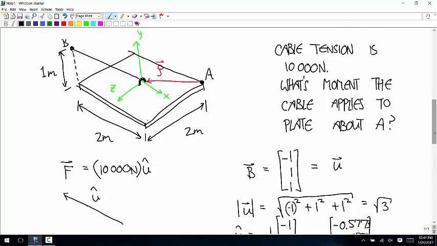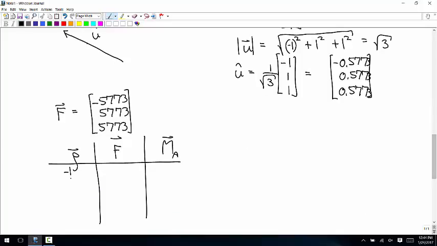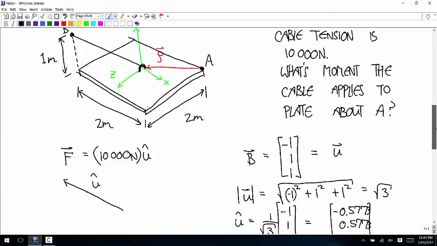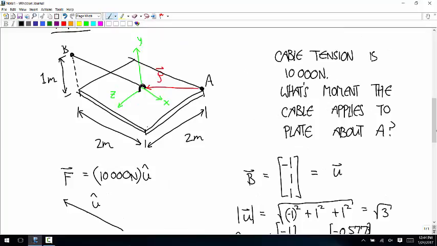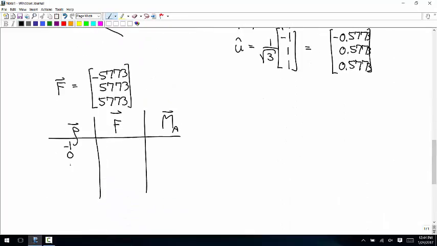So the component's -1. What's the y component? 0. And what's the z component? Yep, +1. We just calculated this force vector, -5773, and then positives.